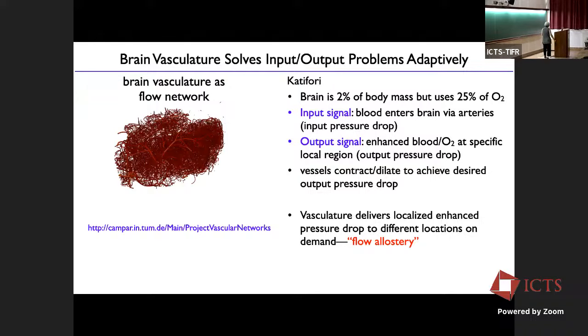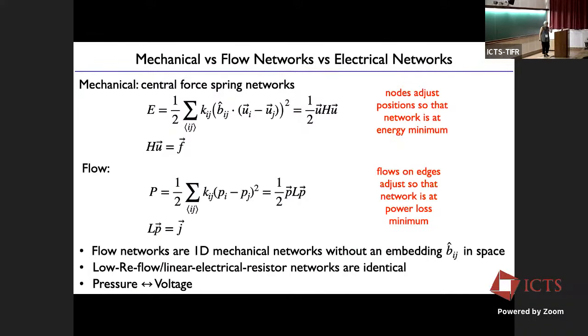This is a review of yesterday, so I'm going rather rapidly. And just to remind you, the mechanical problem and the flow problem are really the same, right? And in both cases, you're minimizing something. In this case, you're minimizing the Hessian, okay? Or you're minimizing the energy, which can be in linear response expressed in terms of a Hessian with displacements. In the case of the flow networks, you're minimizing the dissipated power. This is the conductance.